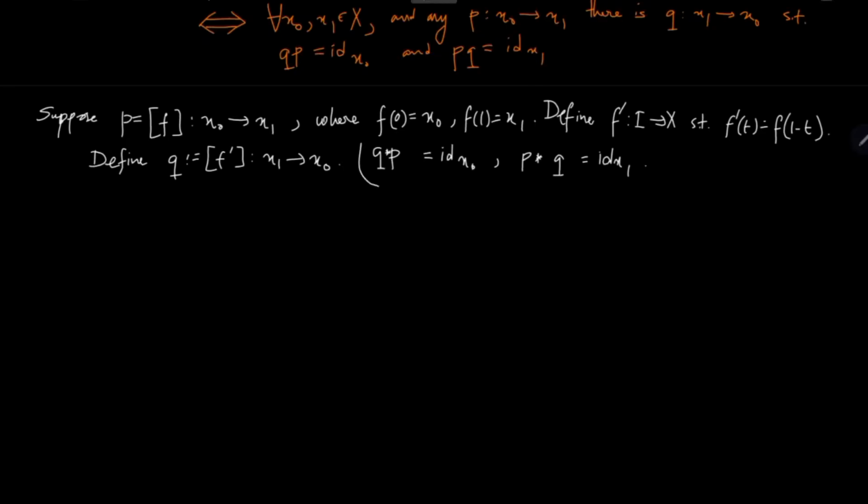So that is not very difficult, given that qp, I'll just write qp, I'll just do with the star. qp is equal to the class of f dash star f, right?